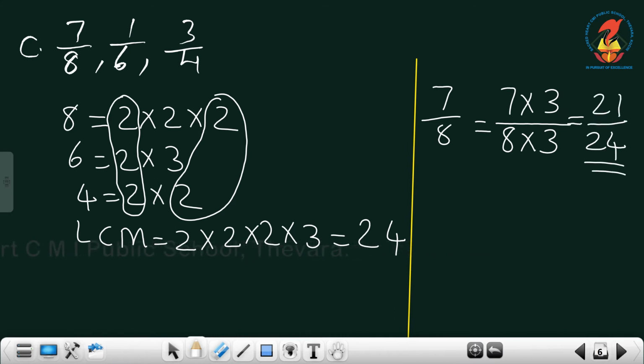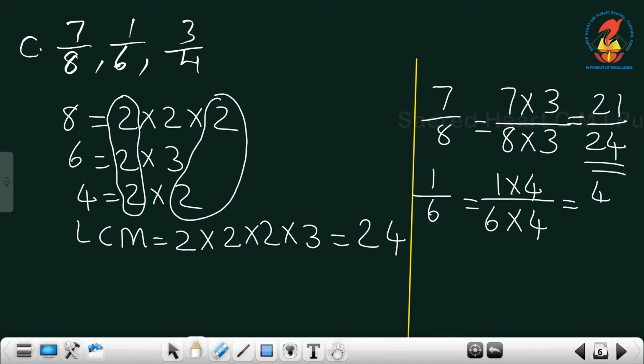Is it clear? And the next fraction is what? 1 by 6. Here also we need to change the denominator into the LCM. See, LCM is what? 24. 6 into which number equals 24? 6 4s are 24. So, here also we need to multiply by 4. You will get what? 4 by 24.